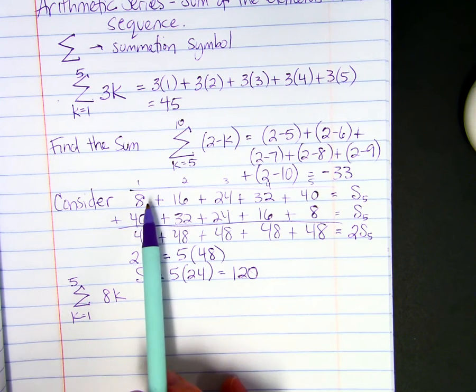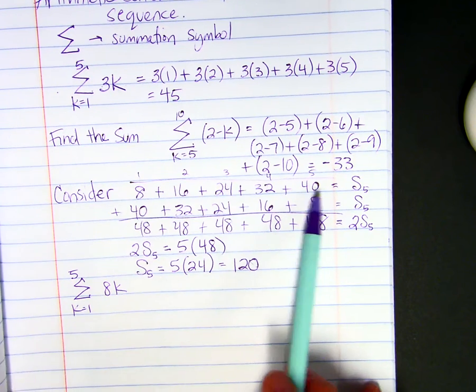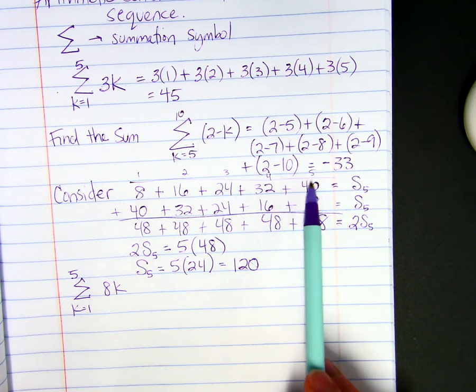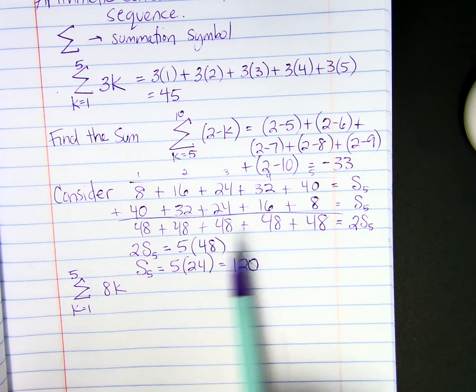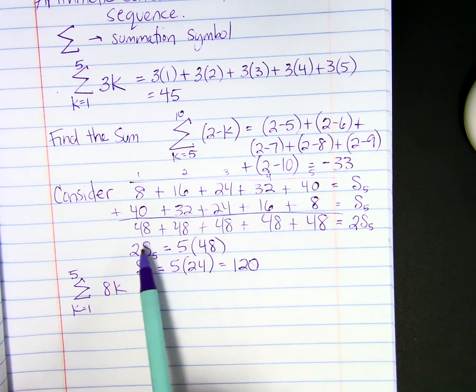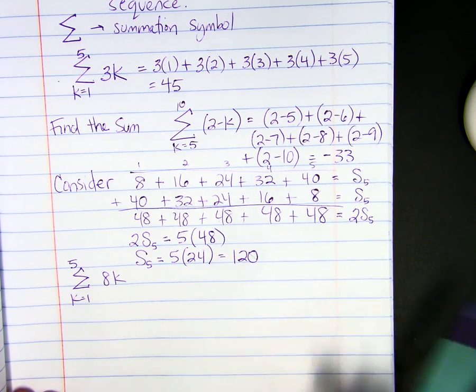So 8, 16, 24, 32, 40. If I were to add all of these up, I would still get 120. But I did it this way and divided by 2 so that it was easier to do. I feel like I made it harder though. No, I get it.